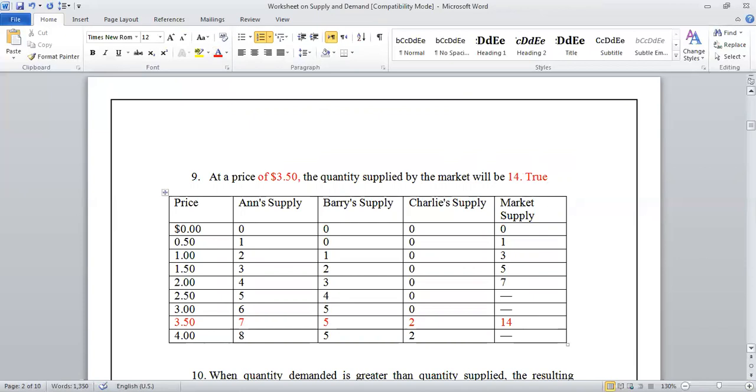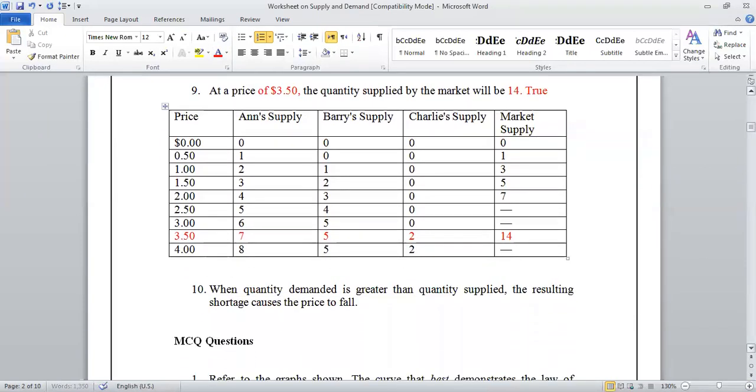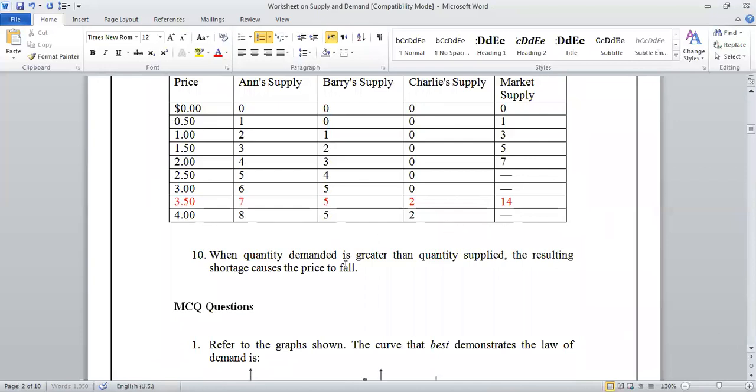Okay, number 10. When the quantity demanded is greater than the quantity supplied, the resulting shortage causes the prices to fall. What do we have here? When the quantity demanded is greater than the quantity supplied, what do you have? Okay, now when my quantity demanded is greater than quantity supplied, am I below the equilibrium or above?